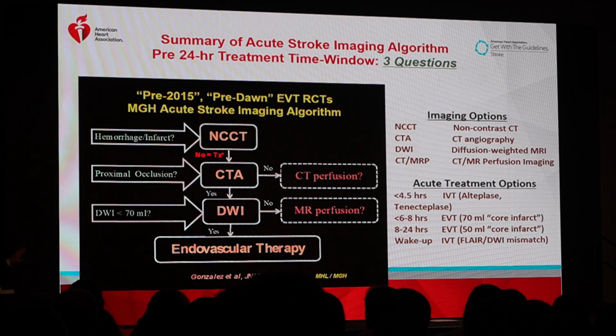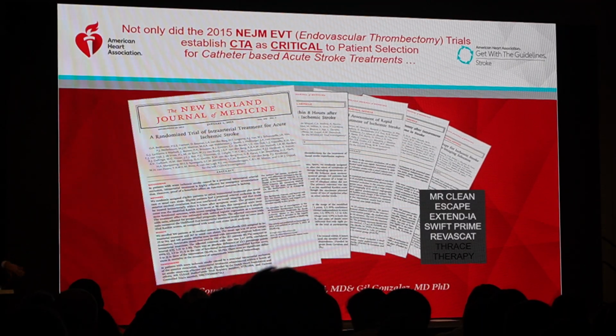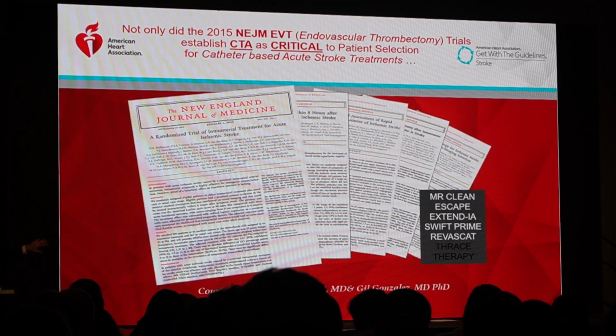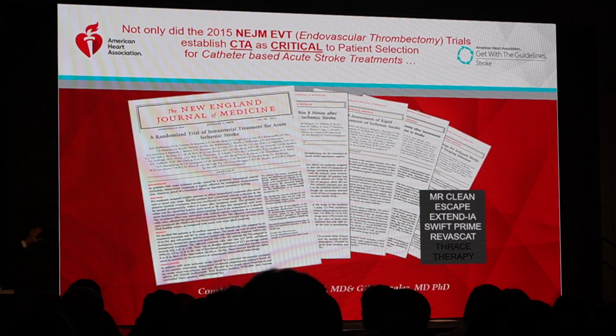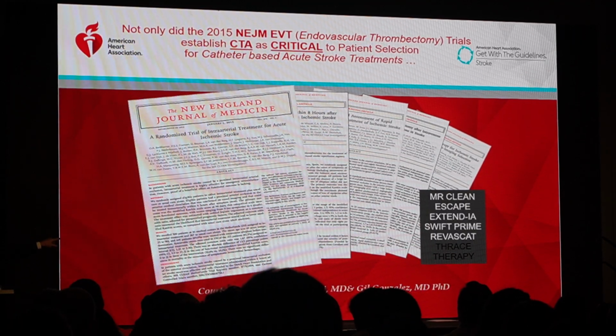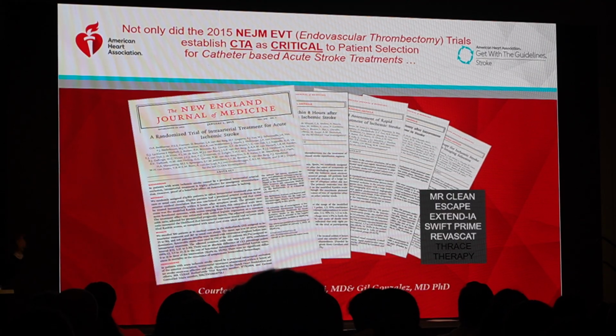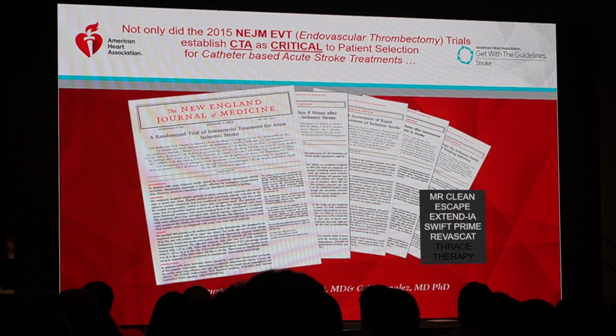I'm not going to talk about thrombectomy because we're out of time, but I will tell you that all of these 2015 six major clinical trials to prove that endovascular thrombectomy works all failed.